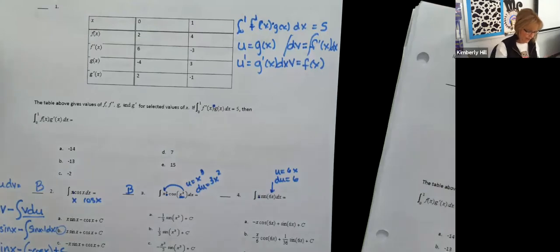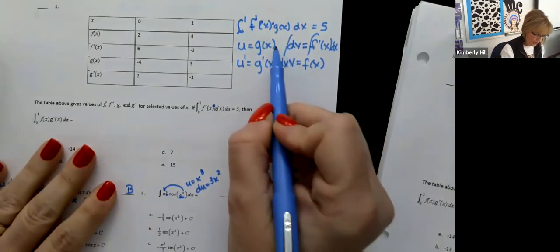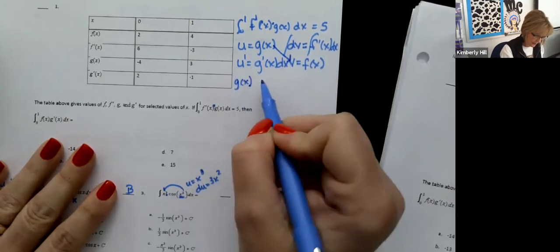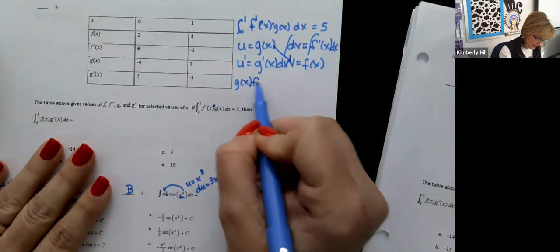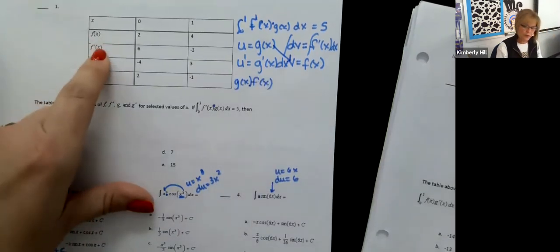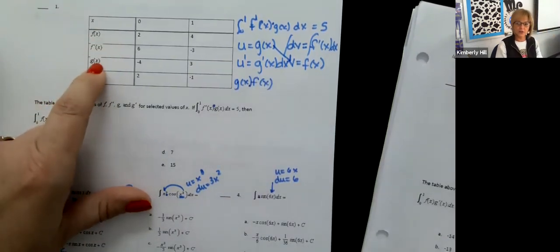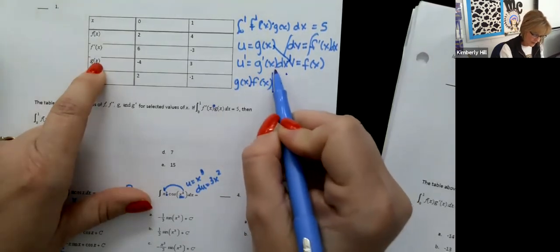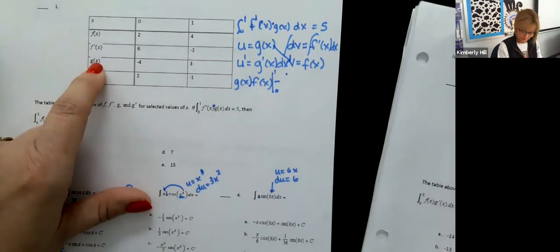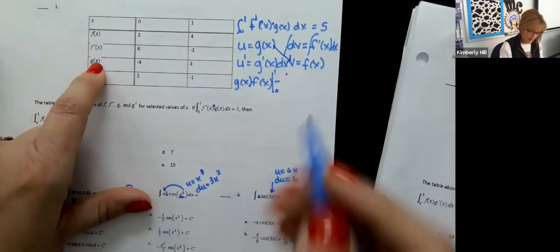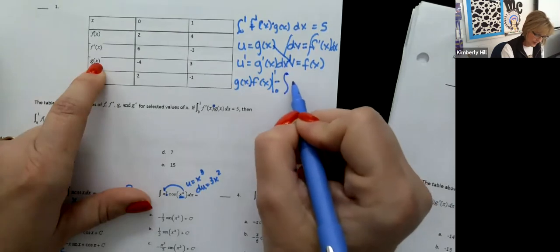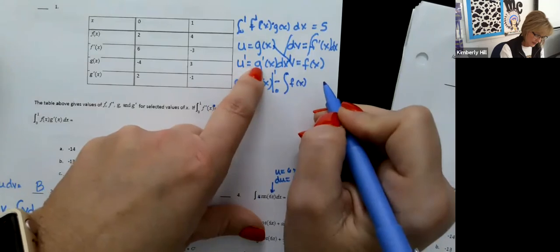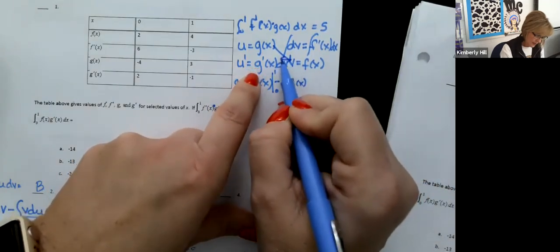So what do we have? We would have u times v, so g of x times f of x. I have both of those over here in my chart, so far so good, evaluated from 0 to 1, minus the integral of v, so f of x, du.